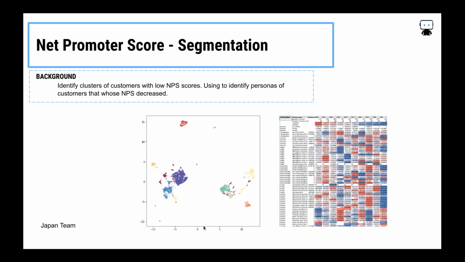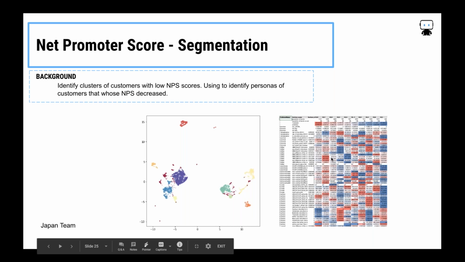And they wanted to see, can you tell us about the folks that are getting low NPS scores, the ones that are actually moving that way? We were able to use the explanation clustering to identify different personas, essentially, of customers based on this technique, and it worked really well.